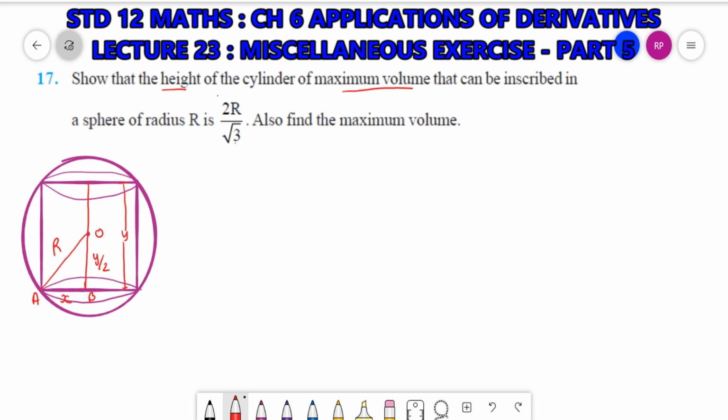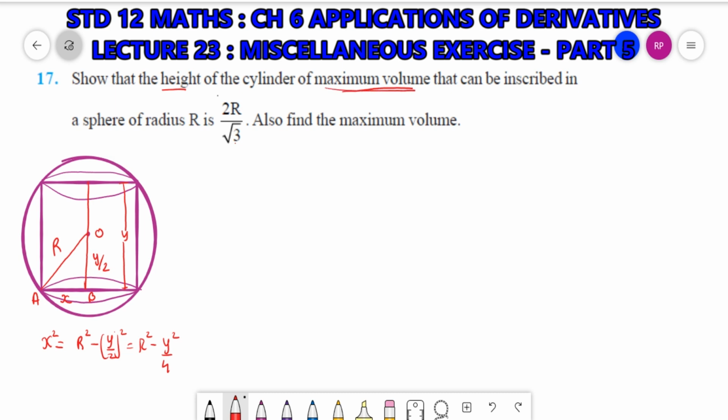If I use Pythagoras, then x square will be equal to r square, that is hypotenuse square, minus (y by 2) square. So this will be r square minus y square by 4. Now we need to maximize the volume.